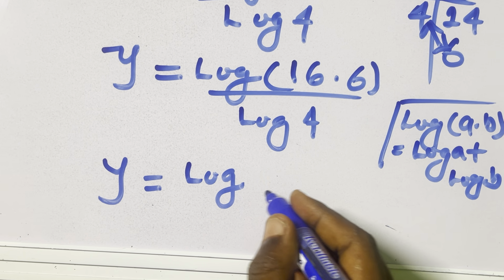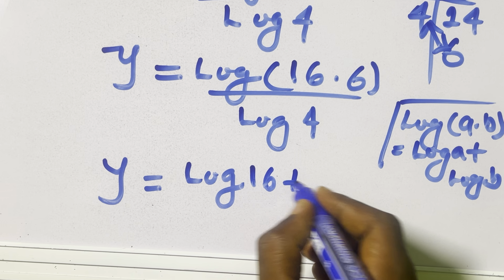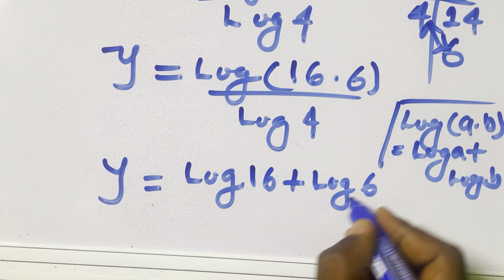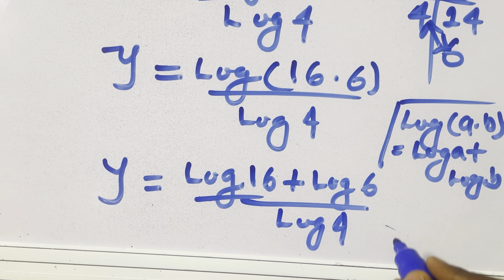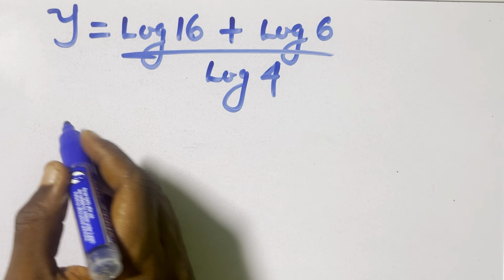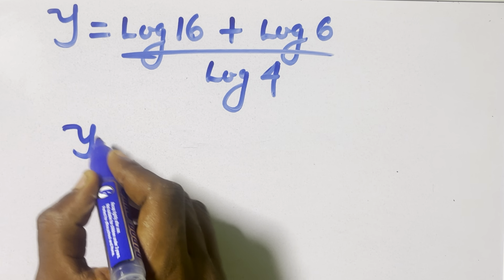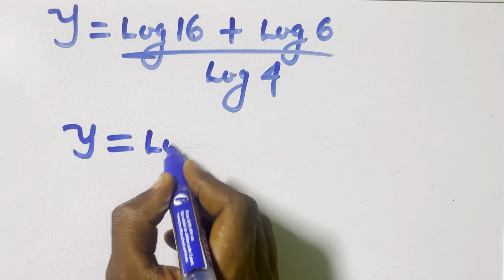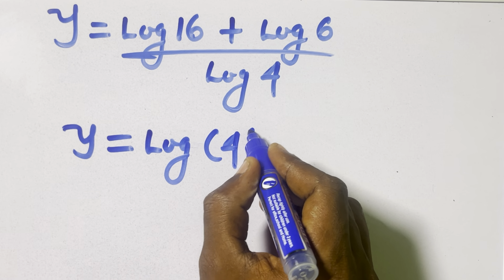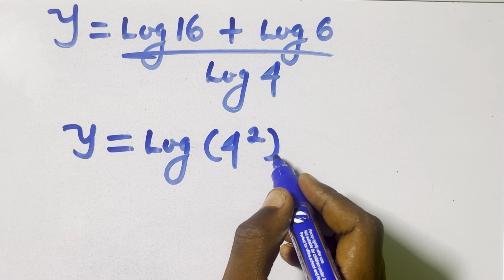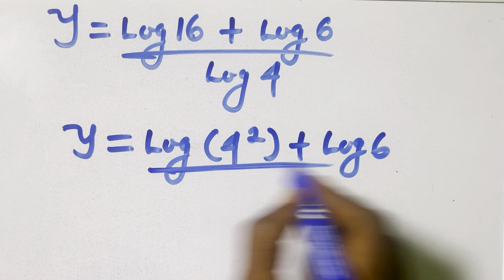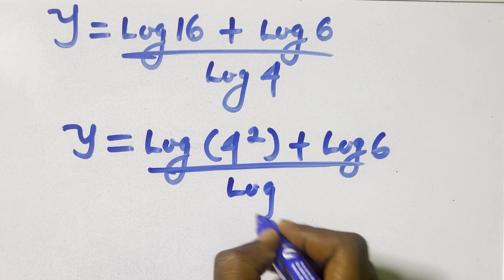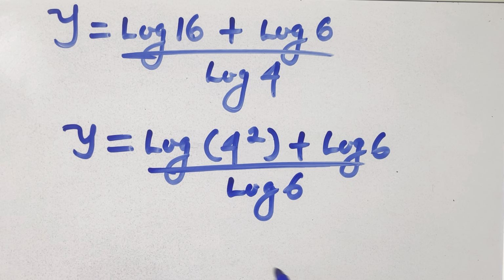So applying this here, we are going to have log 16 plus log 6 divided by log 4, right? So we have y equals log 4 raised to power 2 plus log 6 divided by log 4.